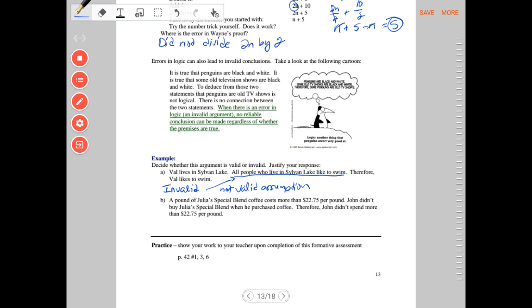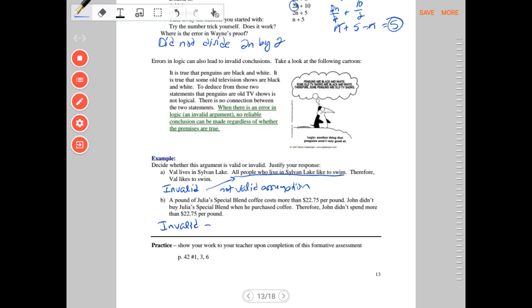Now, just because John didn't buy Julia's Special Blend doesn't mean he couldn't have bought another expensive coffee and paid more than $22.75. Okay, so I think, again, that this is invalid. It's like the penguin question, okay? Just because he didn't buy it, right? Just because the penguin's black and white doesn't mean that he's a TV show, okay?